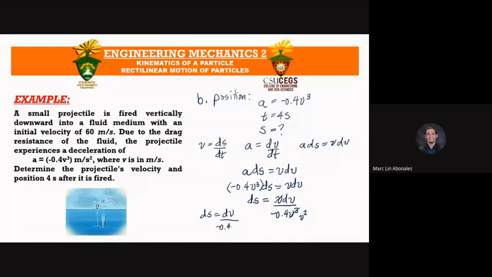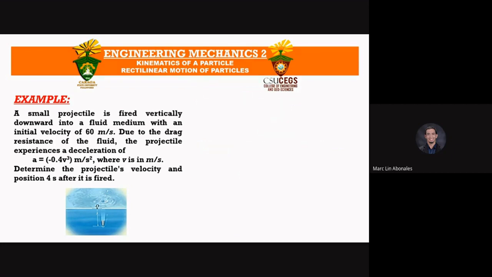It is the same as what we did earlier on the velocity. If you notice, the equation is quite the same as what we did on the velocity. So let us solve this one, just a continuation on the position.